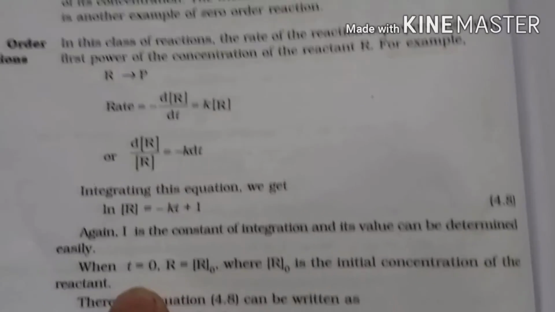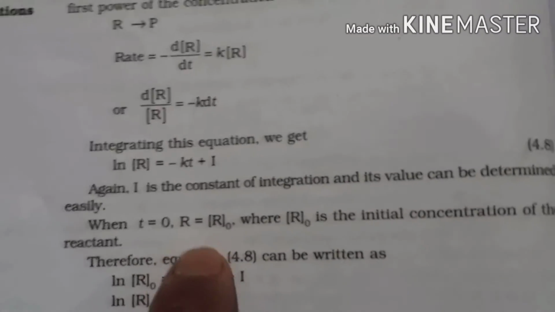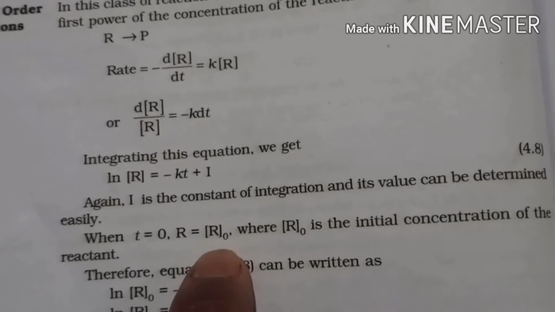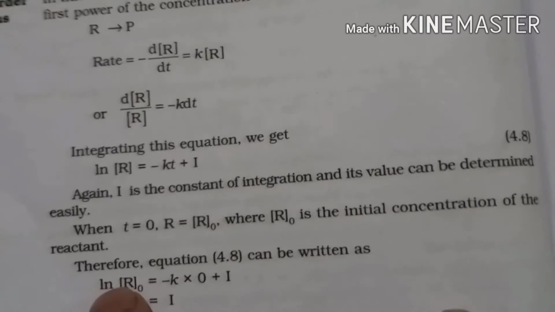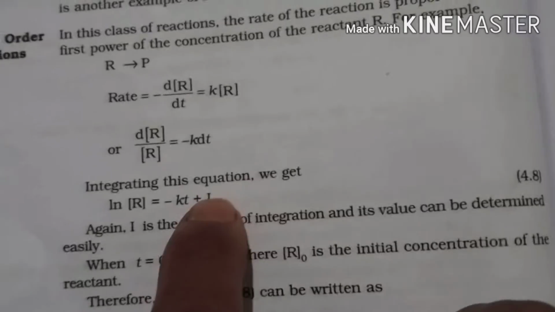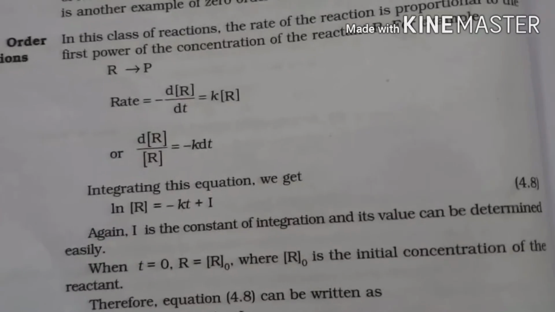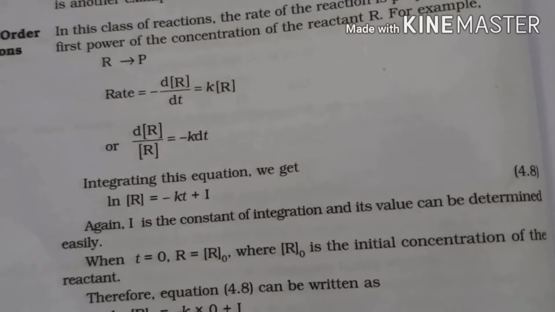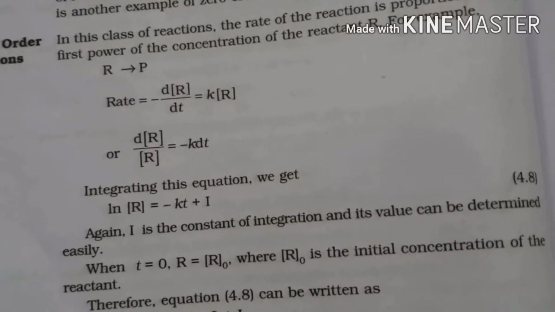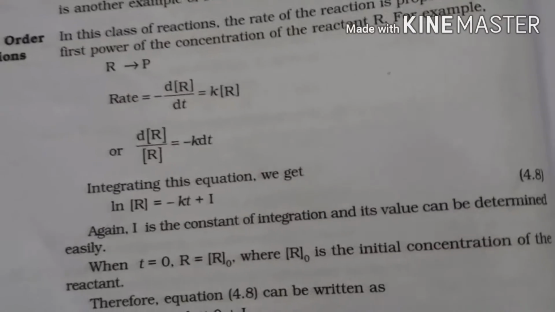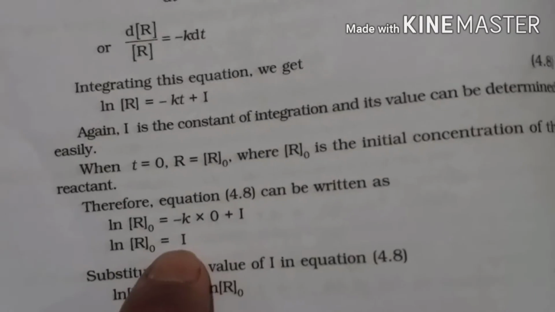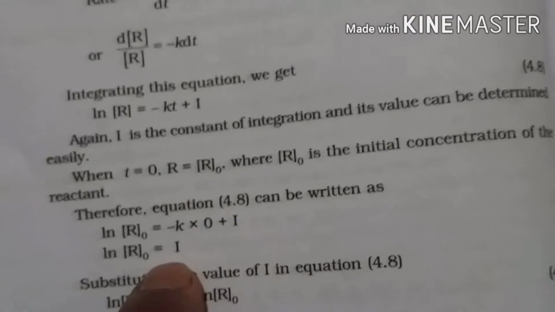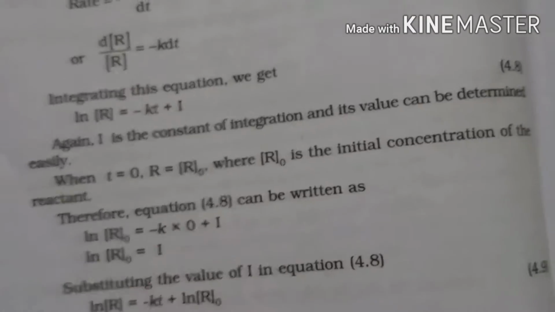When t equal to 0, then R equal to R naught, where R naught is the initial concentration of the reactant. Therefore, we can write ln R naught is equal to minus k into 0 plus I. So ln R naught equal to I, as k into 0 is zero and only I remains.